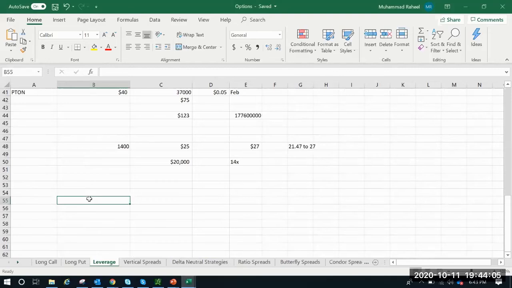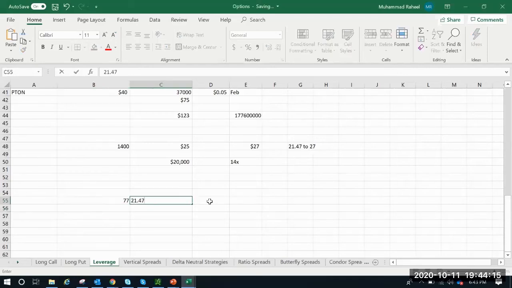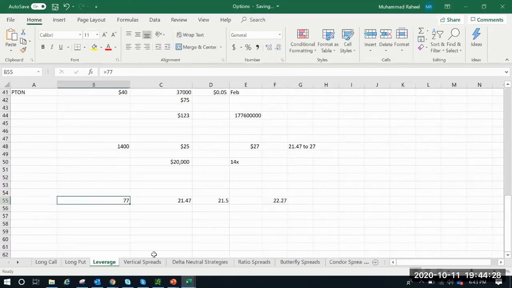So if on Friday night I bought that, at the money, no intrinsic value, all time value. They're charging me $77 to play the game, right? And Neo is 21.47 right now, and my strike is 21.5. So guess what? I'm not going to make a dime unless it expires above 21.5 plus 77 cents. If it expires at 22.27, I just make my money back.